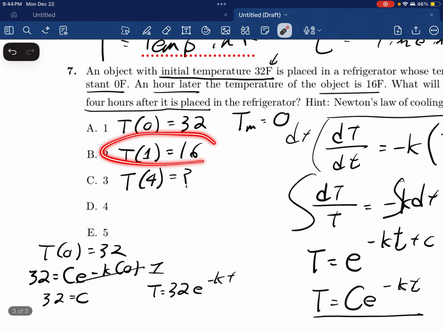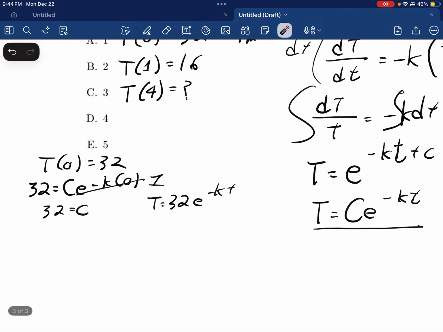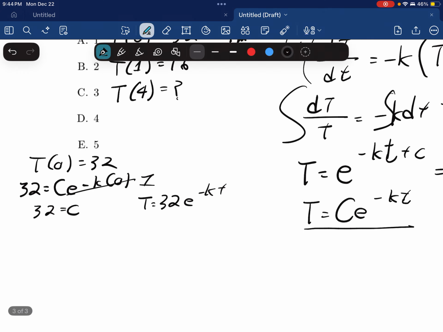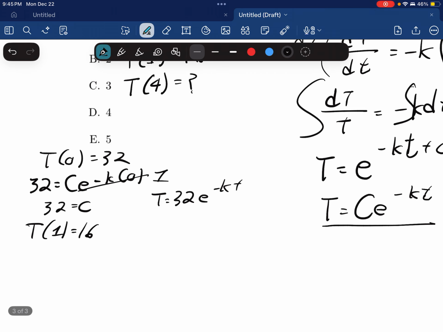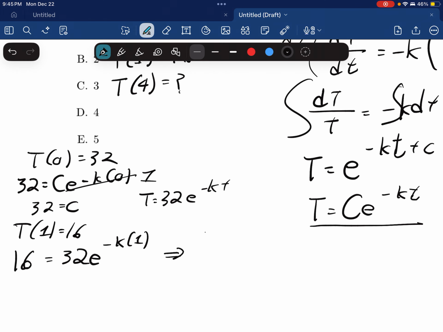Let's use the second initial condition they gave us, which is T of 1 is equal to 16. So when temperature is 16 degrees, we know that time is equal to 1 hour. Let's divide both sides by 32, leaving us with 1/2 equals e to the negative k.